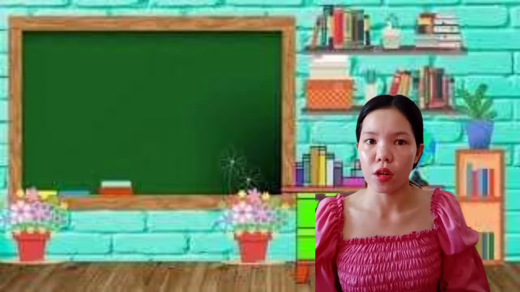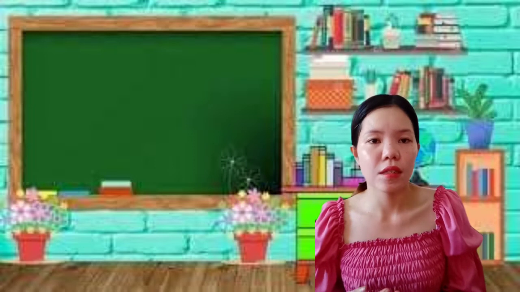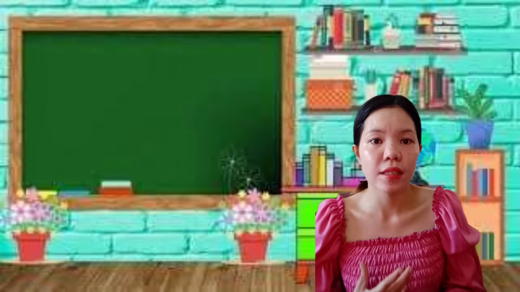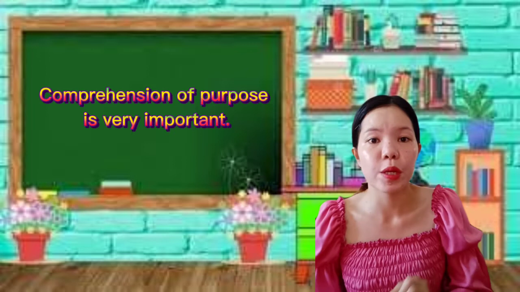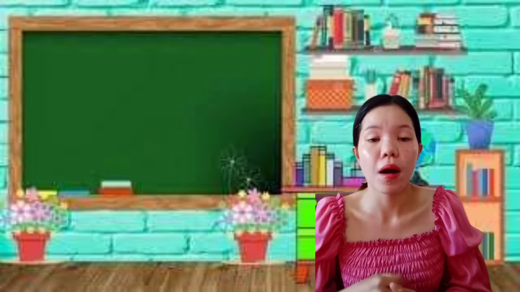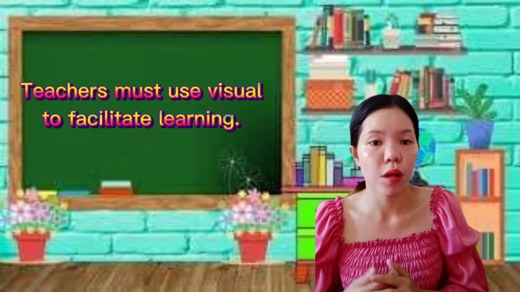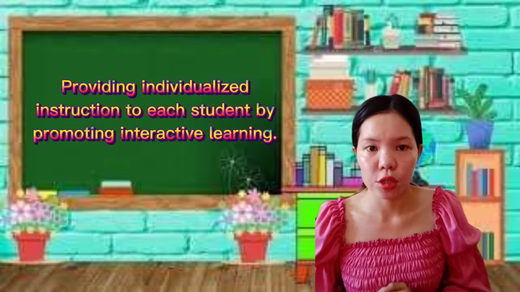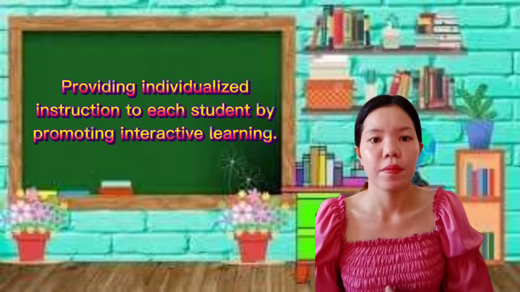Second question, what is the teacher's role? First, teachers need to understand what they teach and, when possible, to understand it in several ways. Comprehension of purpose is very important since the using patterns approach is a somewhat complex approach, so the teacher must use visuals to facilitate learning, providing individualized instruction to each student by promoting interactive learning.